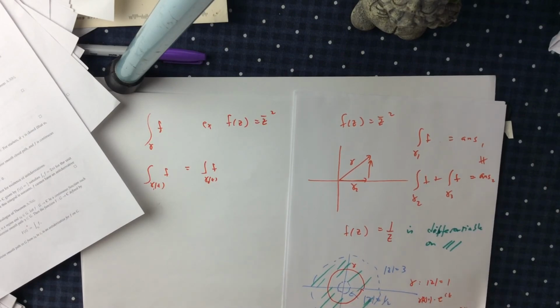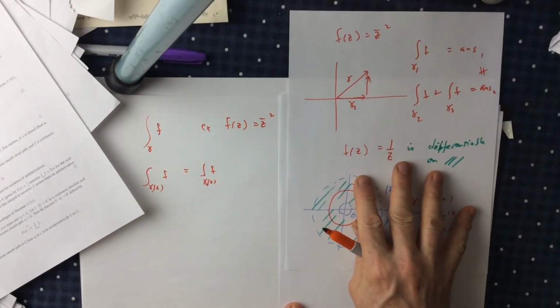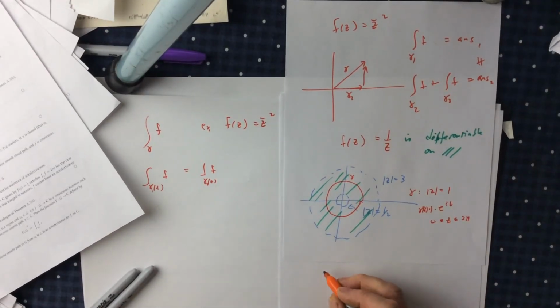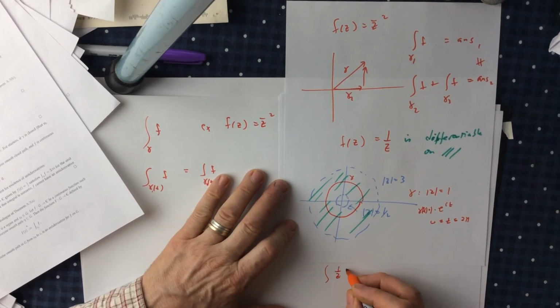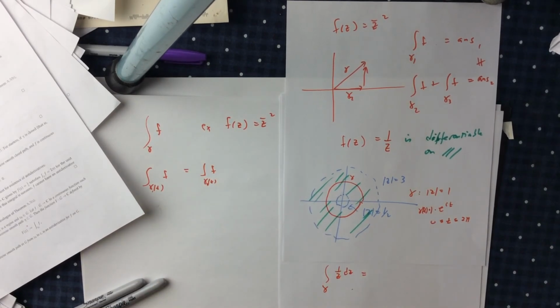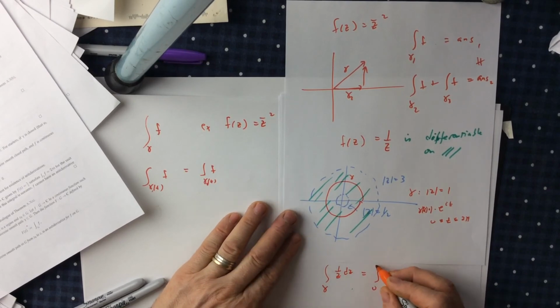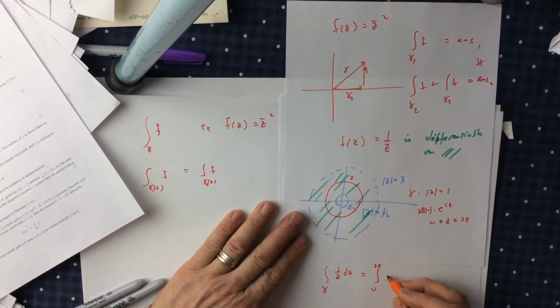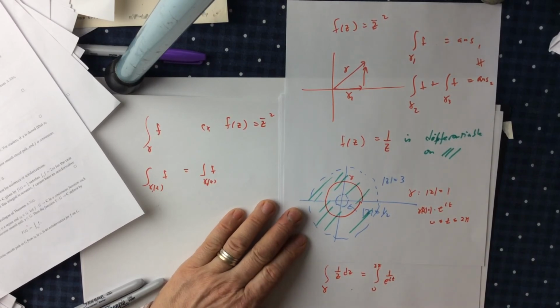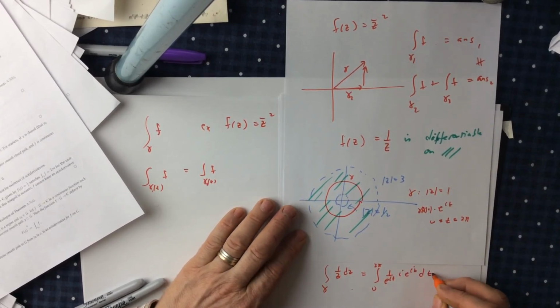Now, I'm going to integrate f around that gamma, sorry. So I'm going to do the integral of 1 over z dz on gamma. Now, the parametrization is e to the it, so it's going to be from 0 to 2 pi, 1 over e to the it, that's 1 over z with gamma of t plugged in, times gamma prime of t, which is i e to the it dt.